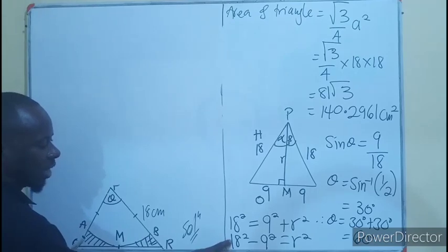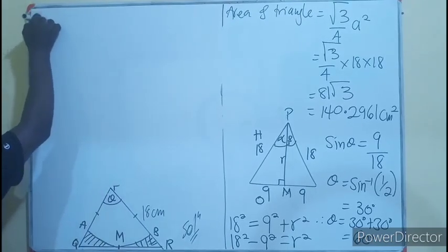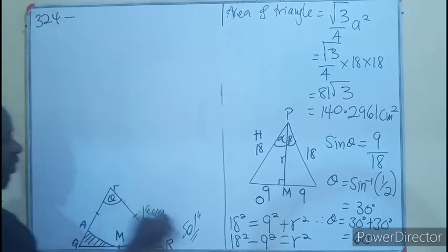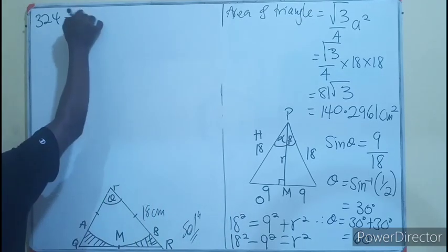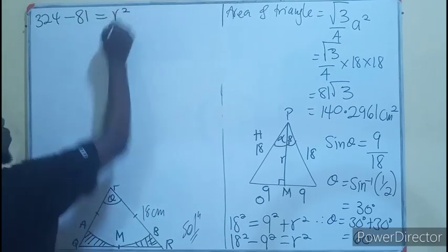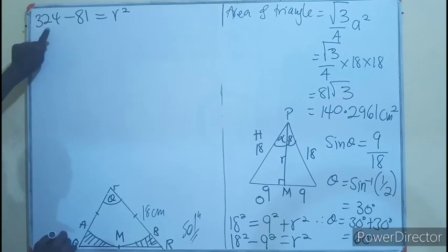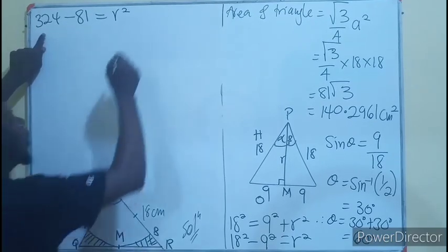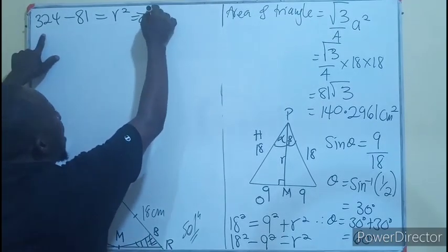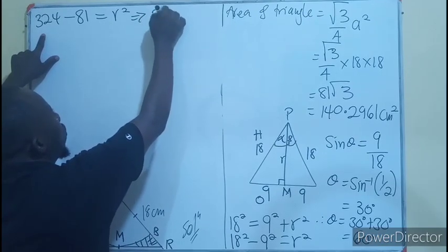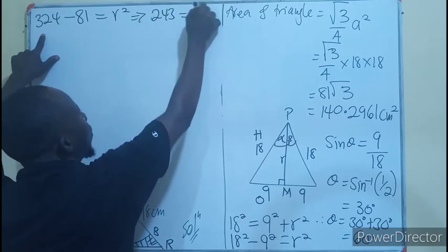Right here this is going to give us 324, and 9 squared will be 81, equals R squared. If you subtract this from this, you'll have 243 equals R squared.